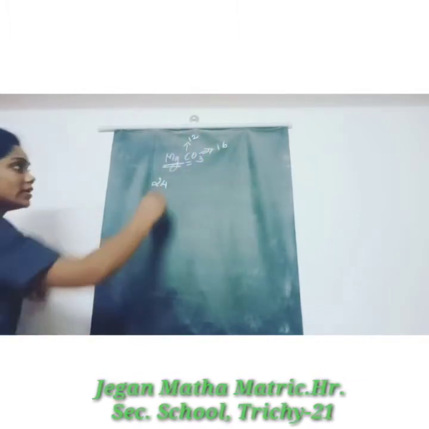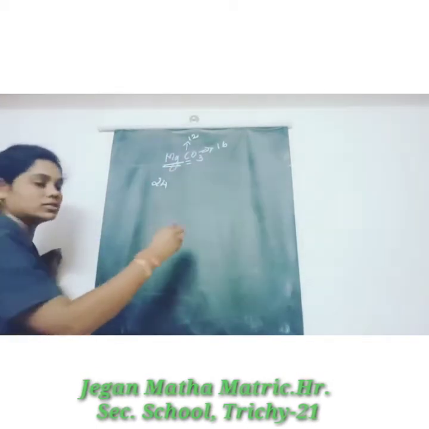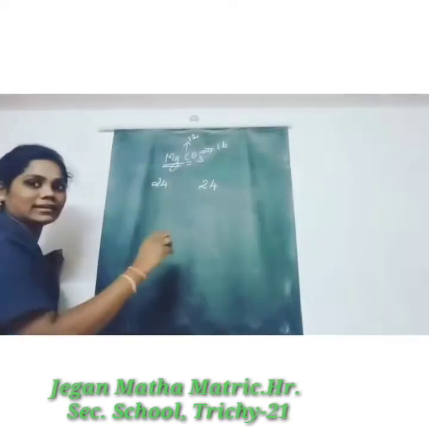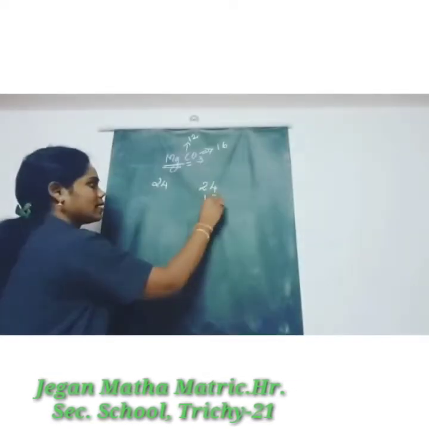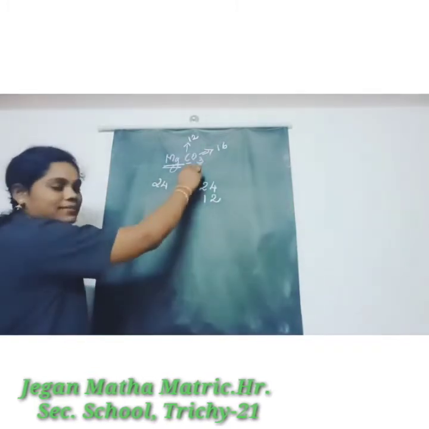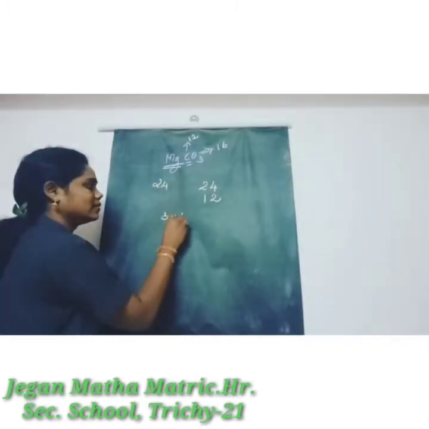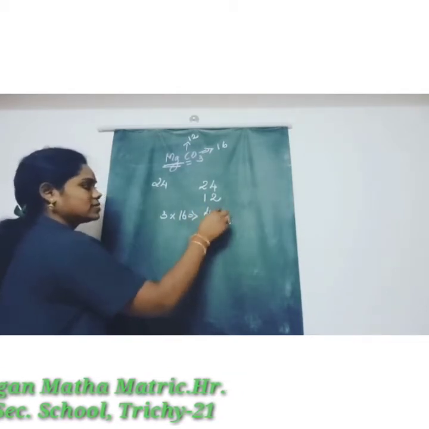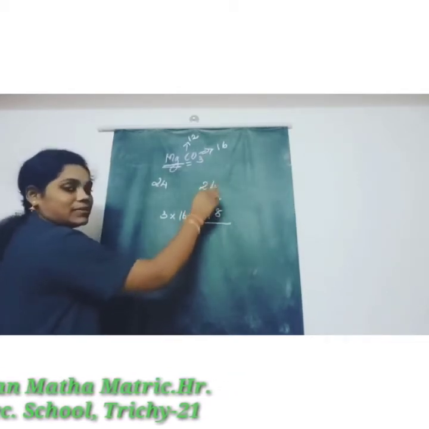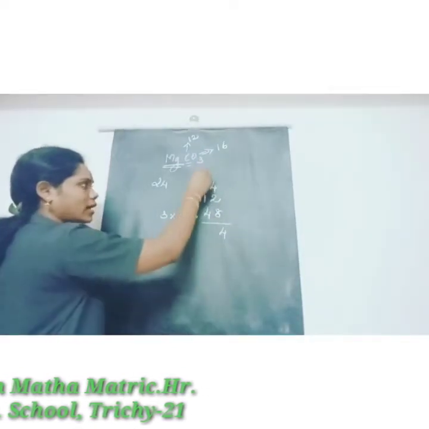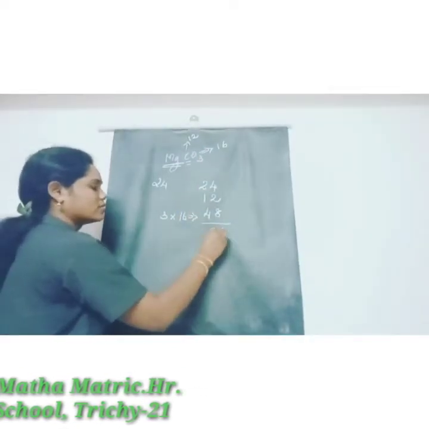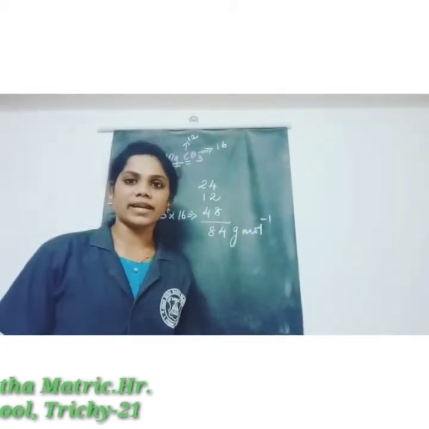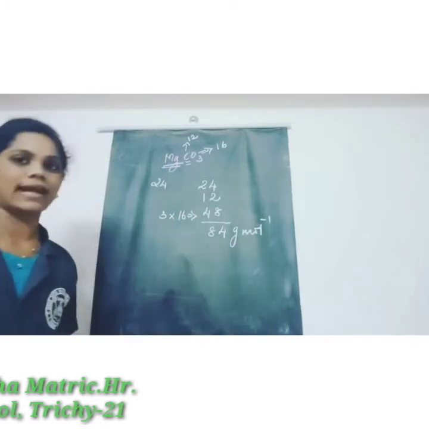Magnesium appears only one time, so 24, plus carbon only one time, so 12, plus oxygen 3 times, so 3 into 16, that is 48. Adding these, we get 84 gram per mole. The molar mass of magnesium carbonate is 84 gram per mole.